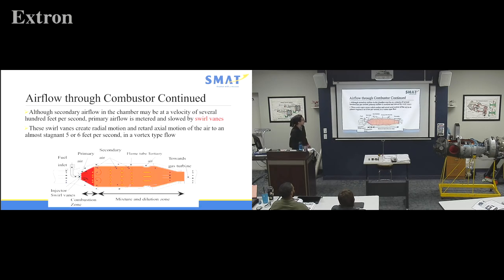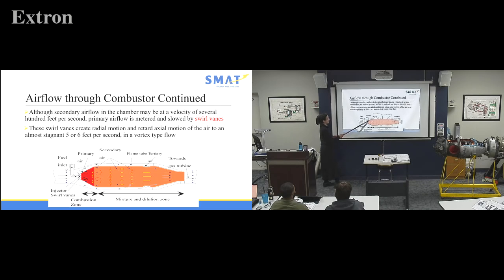Although secondary airflow in a chamber may be at a velocity of several hundred feet per second, primary airflow is metered and slowed by swirl vanes. So that's represented in here. The swirl vanes create a radial motion, circulating the air, and retard the axial motion, so the air without that would just go shooting on through.